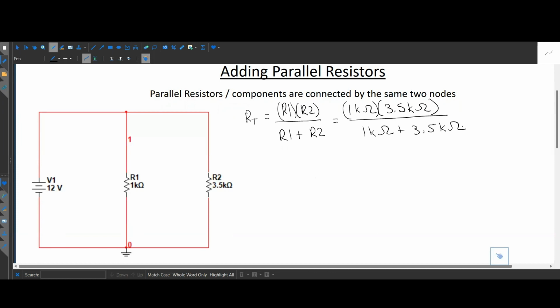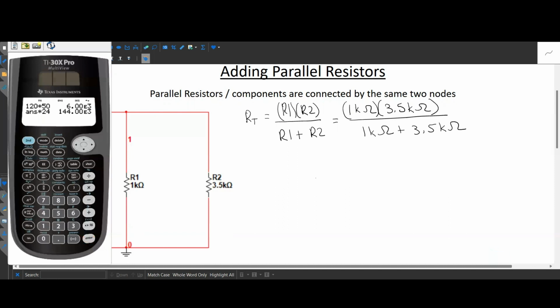If we plug this into our calculator, we have 1 e to the 3 times 3.5 e to the 3 divided by 1 e to the 3 plus 3.5 e to the 3.